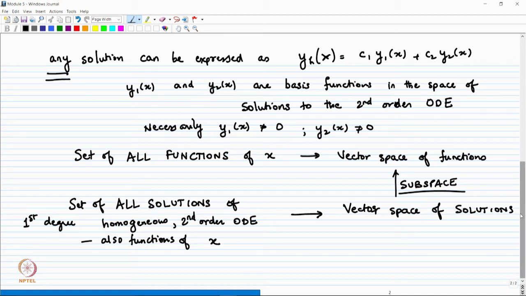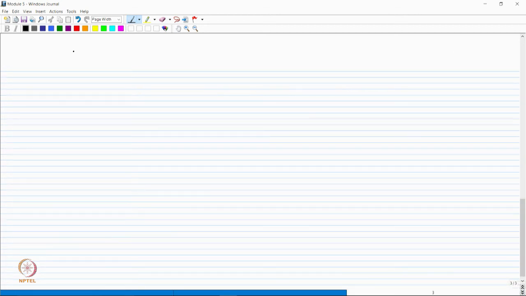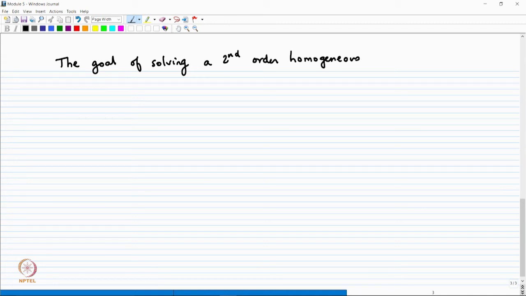So the goal of solving a second order homogeneous ODE is reduced to finding basis solutions, basis functions.